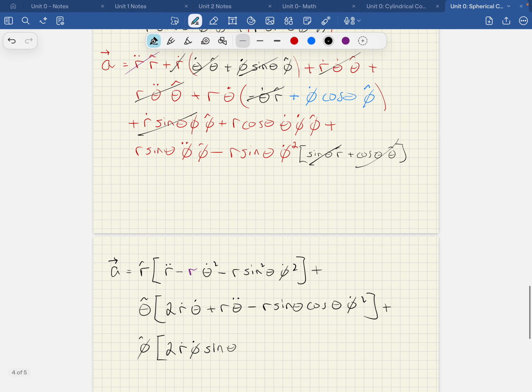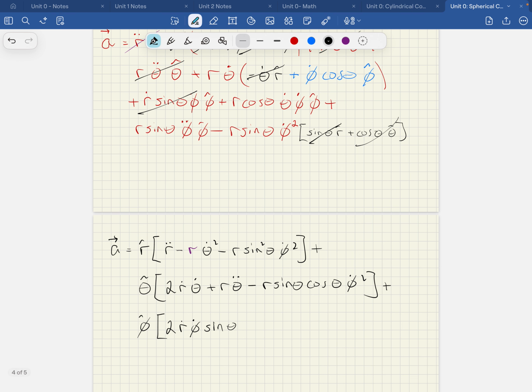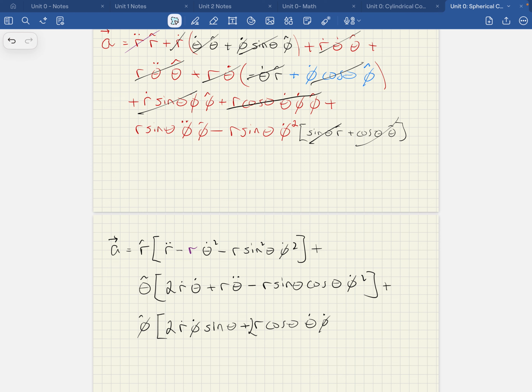I've got an r theta dot phi dot cosine theta plus r cos theta theta dot phi dot. That took care of this term, which took care of that whole thing. Here's another r cos theta theta dot phi dot, this term here, which means I have 2 of those. Let me fix that.